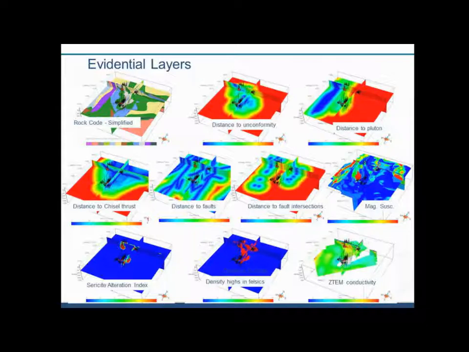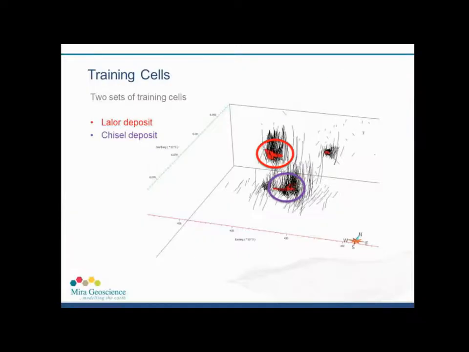So in this case, the ZTEM conductivity model has a chunk out of it because there's a power line there. And if we want to use this layer as an evidence layer, then we're confined only to that volume for targeting. So in one example, we have that chunk taken out because we want to use conductivity. The training cells, we tried using the Lalor deposit and then the Chisel deposit and then compared.